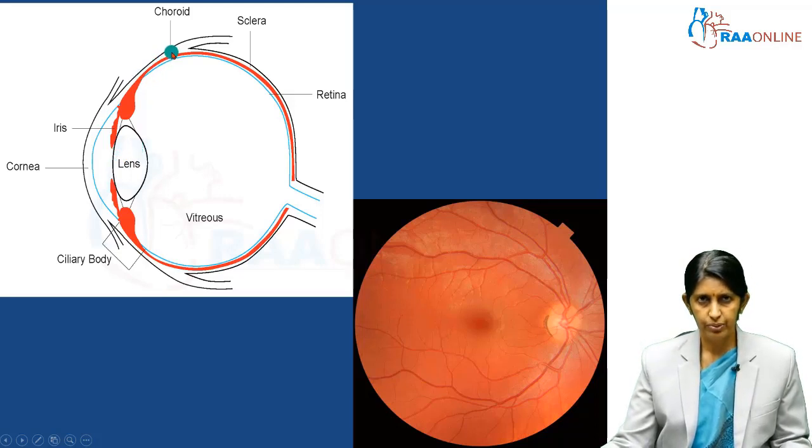The third structure, which is the choroid, as you can see, it's continuing from the ciliary body right behind onto the posterior most aspect and terminates here at the optic nerve. This is the optic nerve. So this choroid is very important because it is the most vascular structure of the eye.